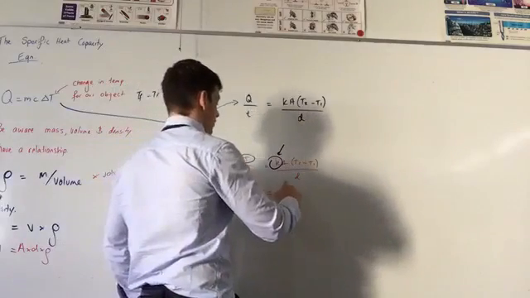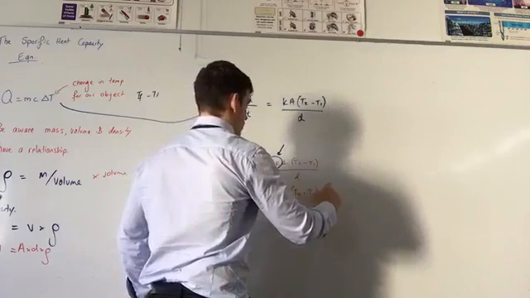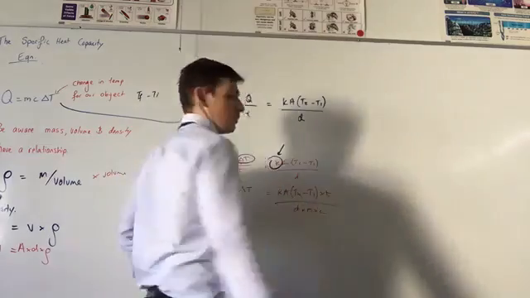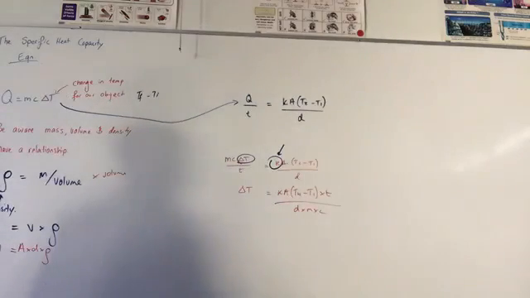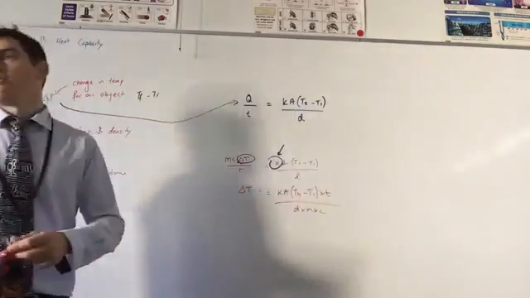Times both sides by? Times T divided by? What would the relationship be there? What would be the expected relationship?